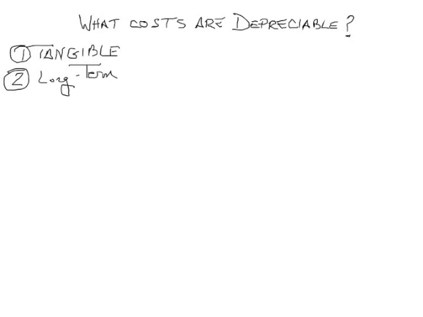Okay, if there are tangible assets, there are also intangible assets. So let me clear up right now what an intangible asset is. An intangible asset has no physical substance. You can't kick it. I'm going to give you some examples here.